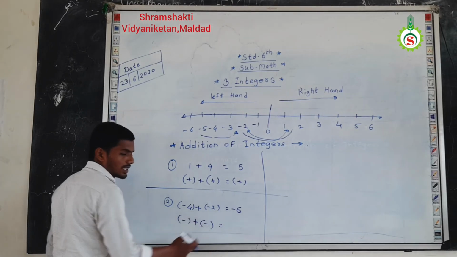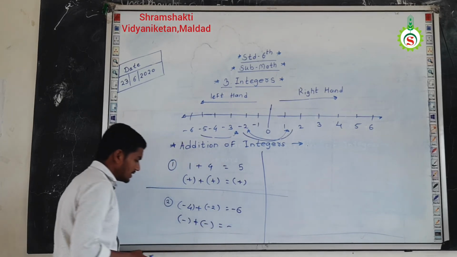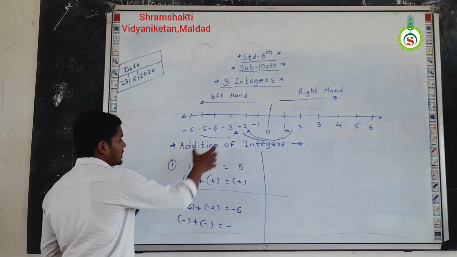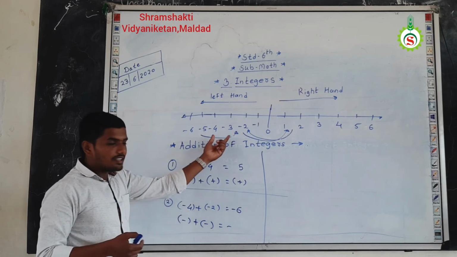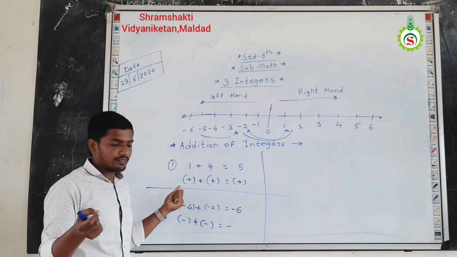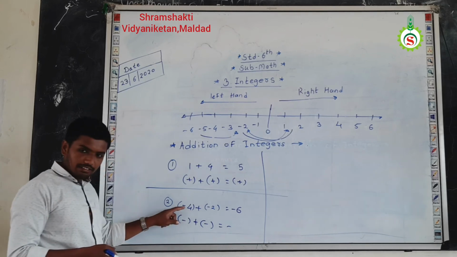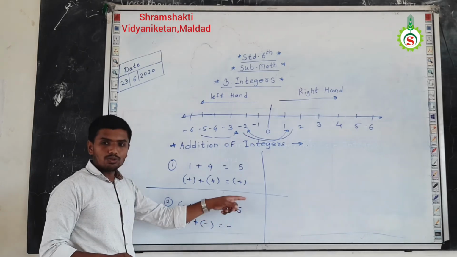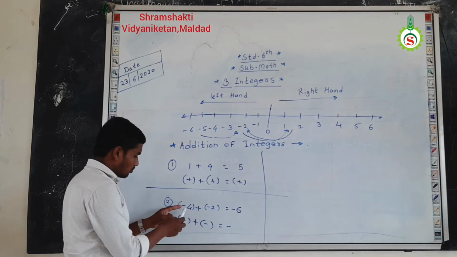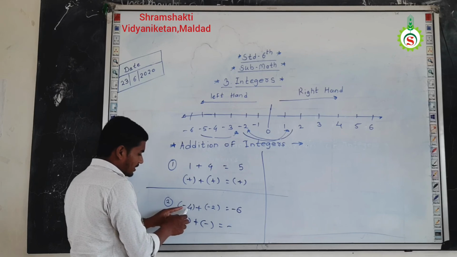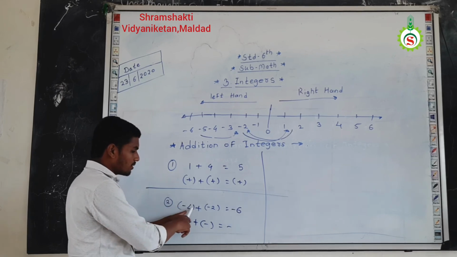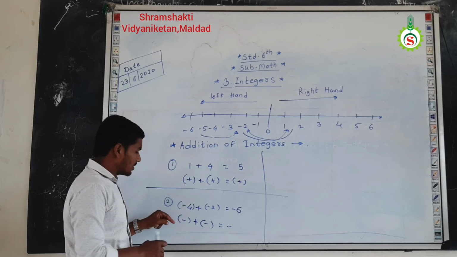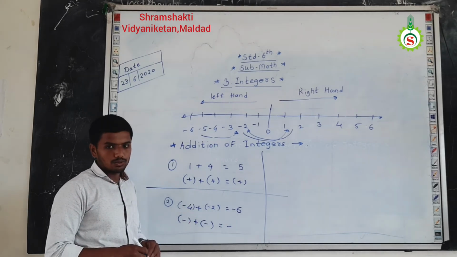Okay. So which is the answer? Minus 6. That means if I want to add numbers which are from the same region, but now the region is the negative region. Though the region is negative, both numbers have the same sign, so I have to add both numbers. So 4 plus 2 is 6, and the sign of the larger number I will give to the answer. So which is the larger number's sign? That is minus sign. So I have given minus sign to the answer.